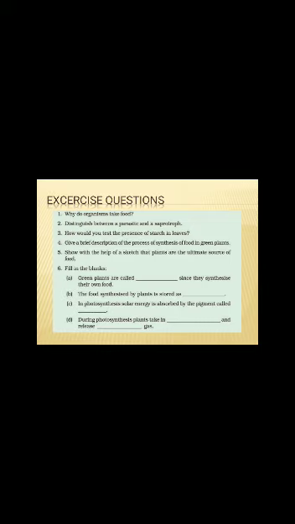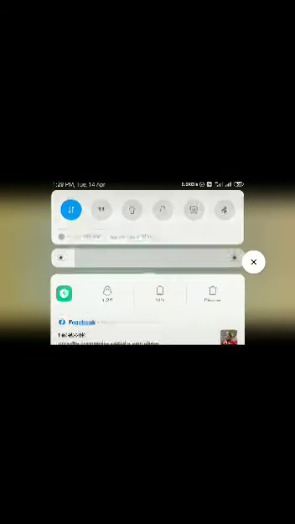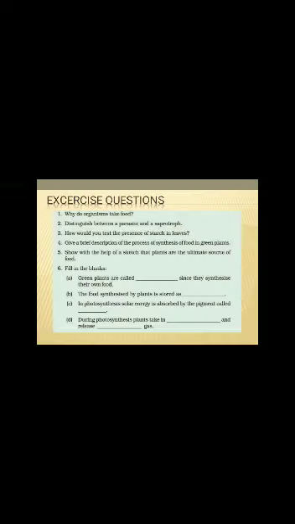Distinguishing between a parasite and a saprotroph: simply, a parasite derives its nutrition from a living organism, like Cuscuta, amarbel, which derives its nutrition from a living host. And a saprotroph, on the other hand, derives its nutrition from dead and decaying matter. How would you test the presence of starch in the leaves?